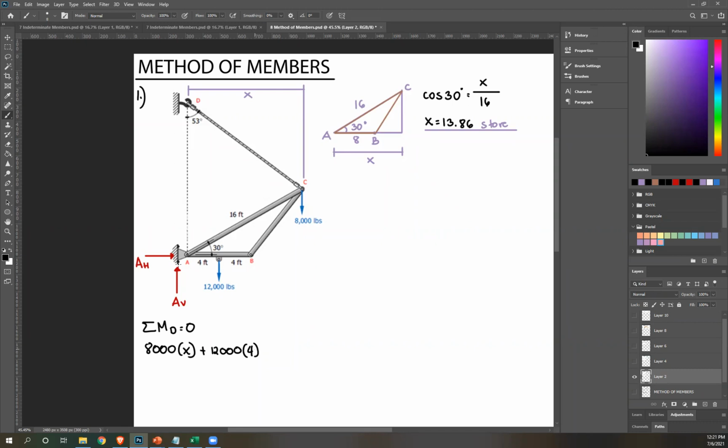And then lastly, next we have AV, which actually passes through D. So I'm going to ignore that. And then lastly, we have AH, rotate about D. That's counterclockwise, so negative AH. And then perpendicular distance is this length. And once again, we don't know that. So we need to solve.